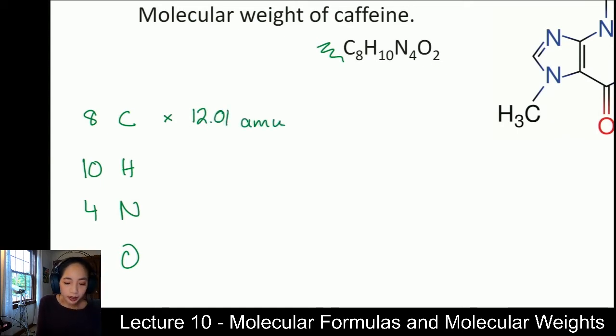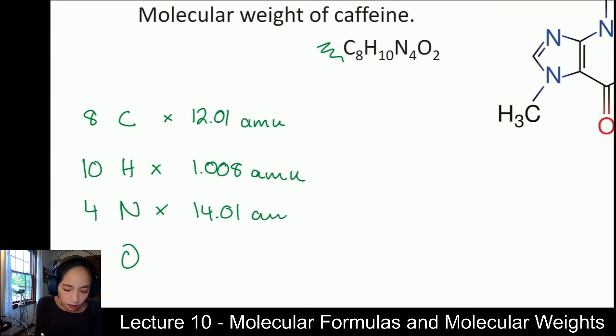So 8 carbon atoms times the weight of 1 carbon atom, which is 12.01 AMU. The atomic weight of hydrogen is 1.008 AMU. The atomic weight of nitrogen is 14.01 AMU, and oxygen is 16.00 AMU.